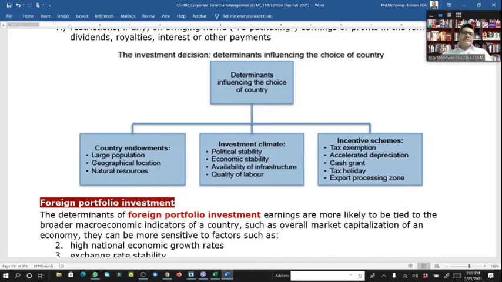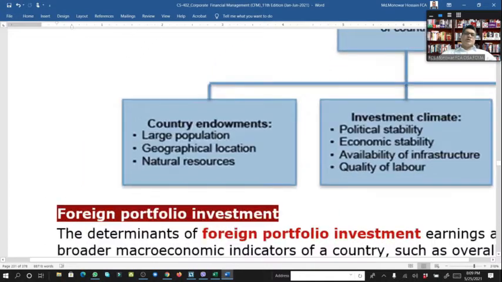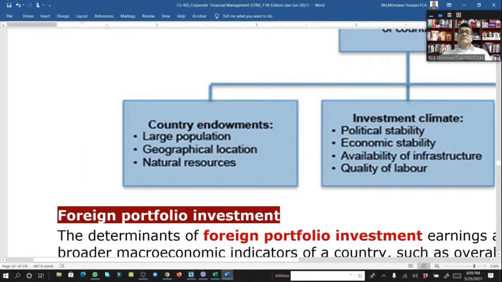So for country endowment, where population is huge, a large population, there your product will run smoothly, because if population is huge, their consumers are huge. So they have to use it, the people who use the product. That's why if we choose a larger population country, it would be better than other countries. And geographic location, natural resources: where they are plentiful, that country can be chosen for the investment.